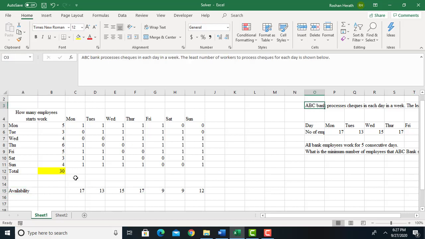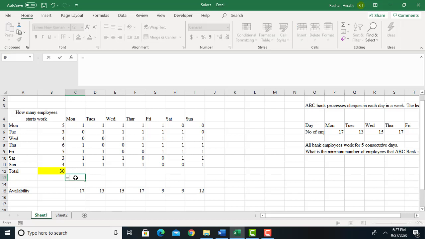Then let's see how many employees are actually there. So how do you get that? You can simply apply your sum product.